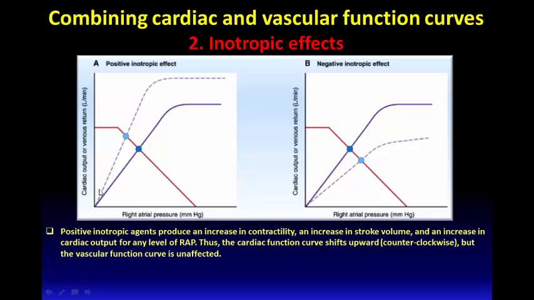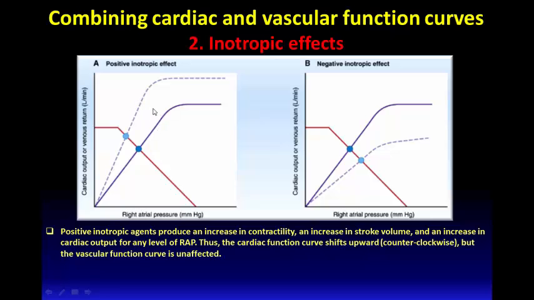This is the cardiac function curve with increased contractility as a result of positive inotropic agents. The increased contractility increases the stroke volume and hence increases the cardiac output for any given level of the right atrial pressure. Thus, the cardiac function curve shifts upwards.